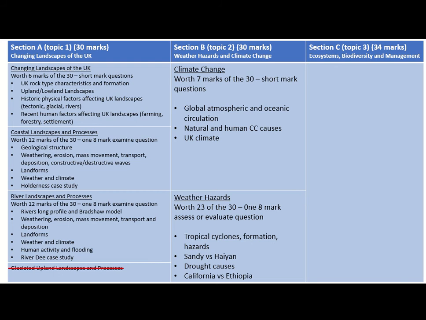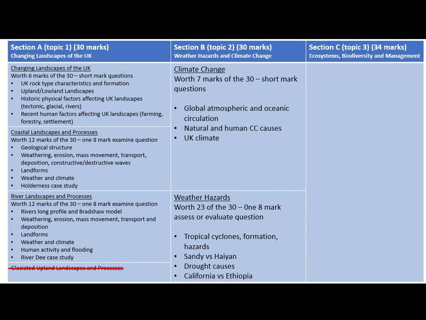You would then look at drought, which is the opposite end of the scale, where you don't have enough rainfall, and so therefore it leads to things like starvation and desertification. And we look at the causes of drought with, again, a comparative case study, one of California in the USA versus Ethiopia in Africa.